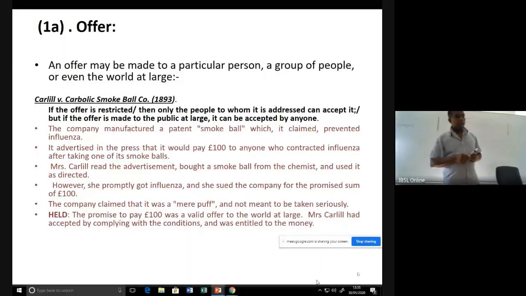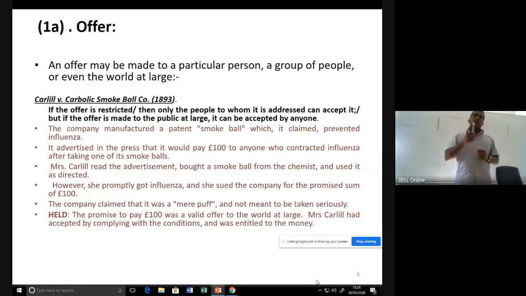The other way, I can make an offer like this. I have a pen. I make this offer to you, to the class. Say you are in the class, and I say, I would like to sell this pen to any student of this class.